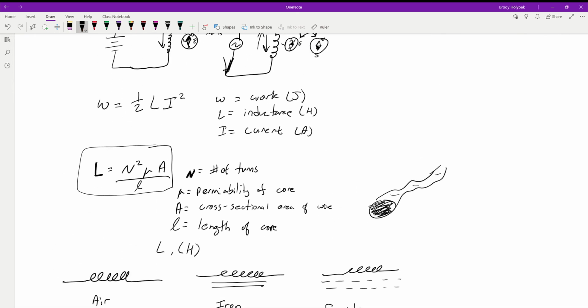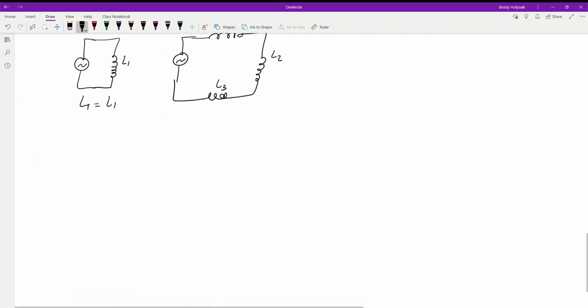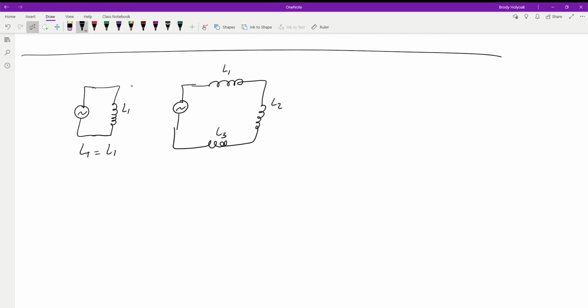What is increasing when we put things into series? Essentially, we're taking the number of turns and increasing it by the amount here. So the number of turns is going up, with very little change to anything else.